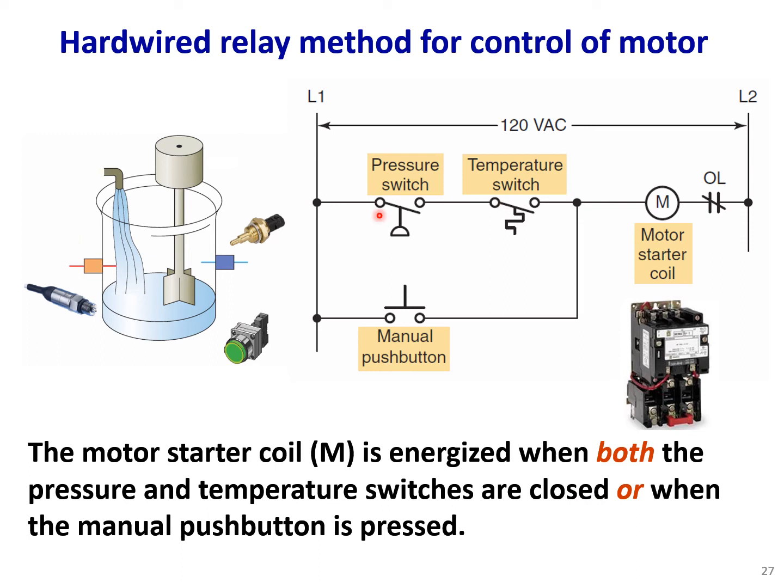Or, so you see that here we have AND because they are in series, or because we have two parallel branches, OR when the manual push button is pressed. In any of these cases, the motor will start.